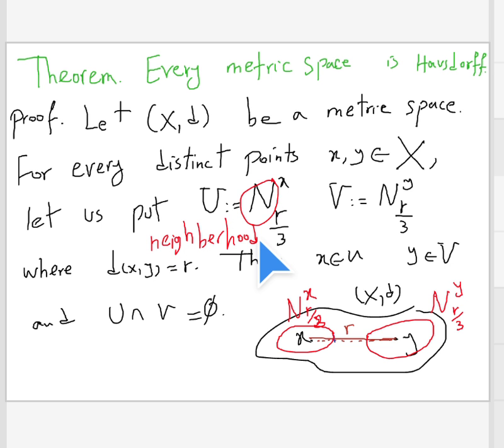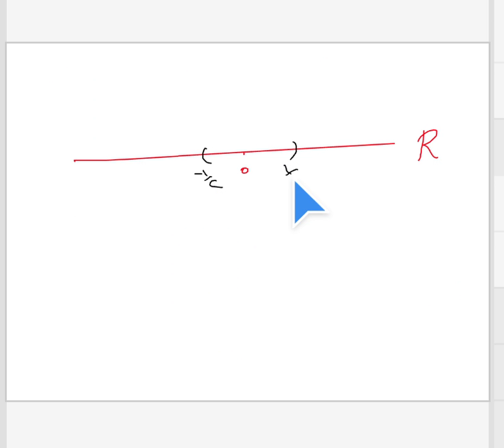In Arabic you say jiwar, in Persian we say hamsayegi, in English it is neighborhood. For example, in R, this is 0, and this is a neighborhood: if this is -1 and this is 1, we say N(0, 1).